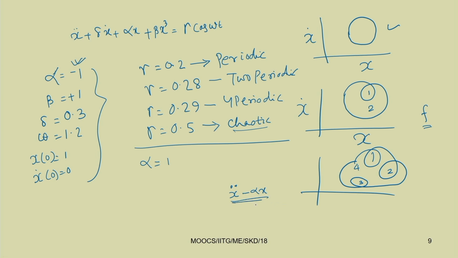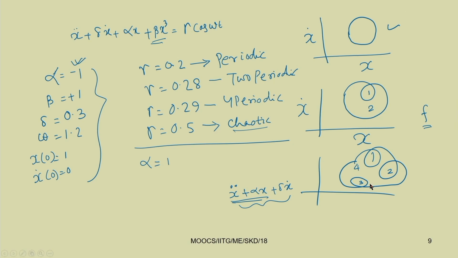In a linear system, x double dot minus alpha x plus delta x dot, with alpha negative, the system is unstable. But by adding this cubic nonlinearity and applying some force, you can see it yields different types of responses.